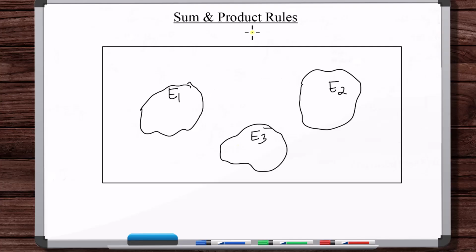And the way it's going to work is, you've got these different events, and you're going to count the total number of outcomes within event 1, and within event 2, and within event 3. So you'll have the total count within each event. From there, to calculate the total number of outcomes within the entire system, if you determine that event 1 is connected to event 2, and by connected, you can think of this as when you describe the relationship between these two events, you'll be describing it with an "and" criteria.